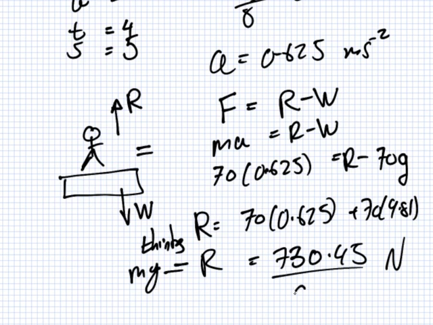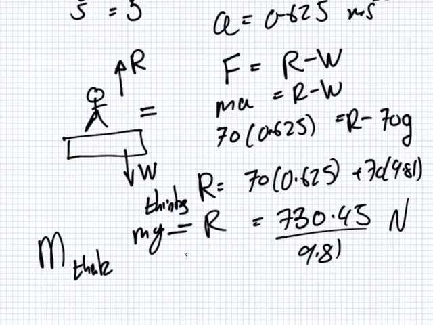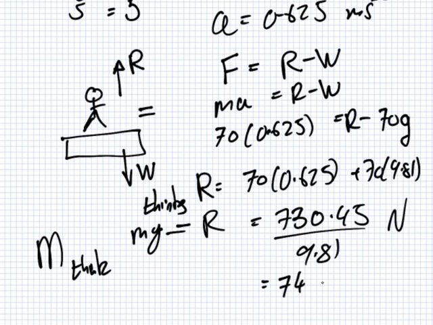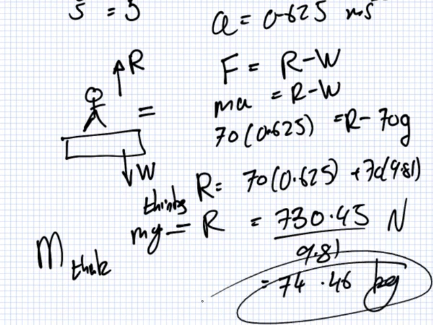If I divide this by 9.81, I get what the weighing scale thinks he weighs: 74.46 kg. That's what the scale thinks his mass is, 4 kilograms more than what it really is. Likewise, when the elevator goes down, you'll get 4 kg less. Easy. I make it look easy.